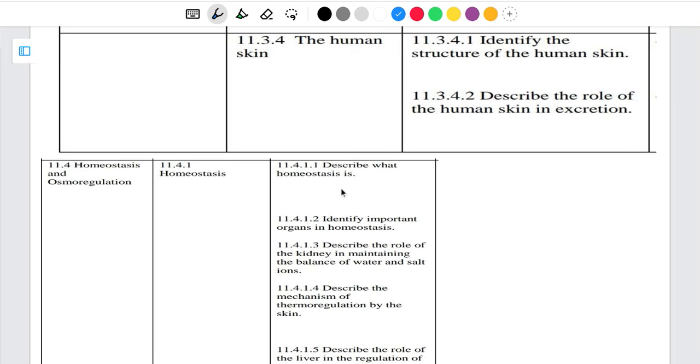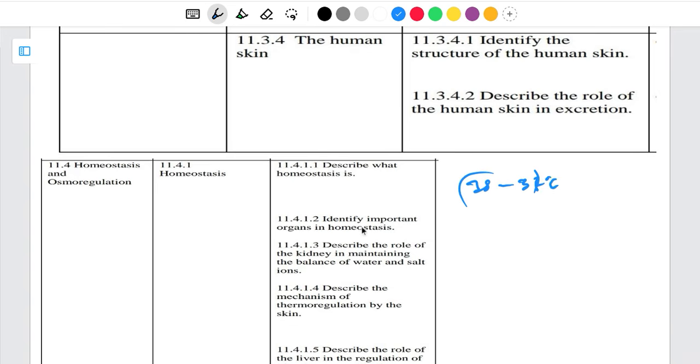For example, if your blood sugar is high, this one is going to make sure that your blood sugar is at the normal level. Even the temperature, when the temperature is high, this one is going to make sure that your temperature is at the normal level, like 35 to 37 degrees Celsius. So you have to take note of that.